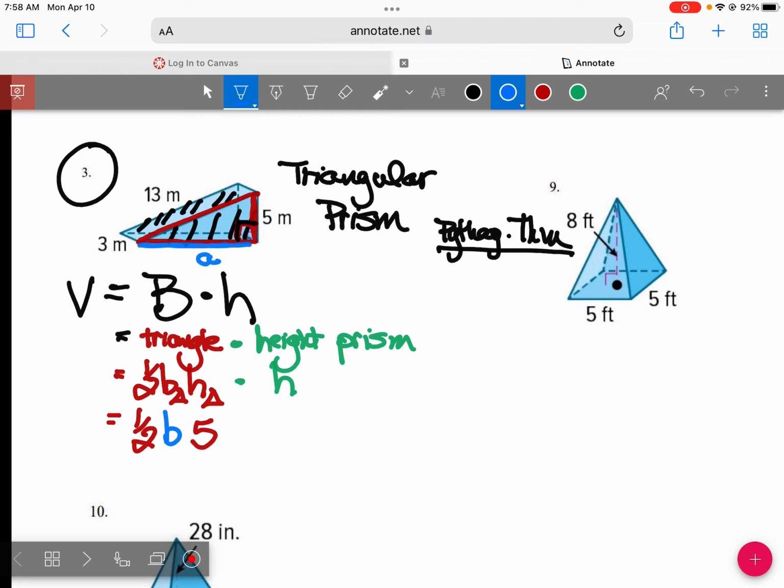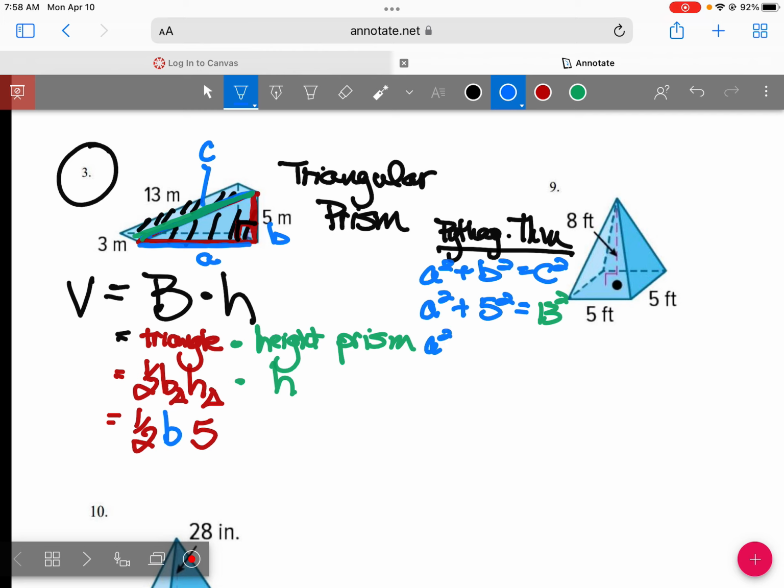So this is A, this is B, and this is going to be C. A squared plus B squared equals C squared. A, I don't have. B is 5. And C, which is this length right here, I wanted that in green, is going to be 13 squared.